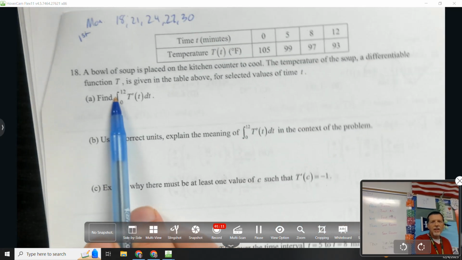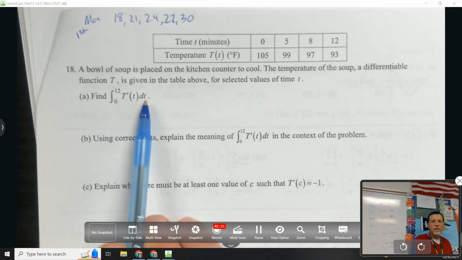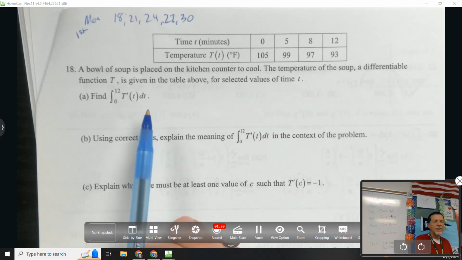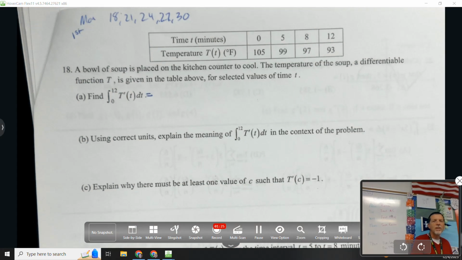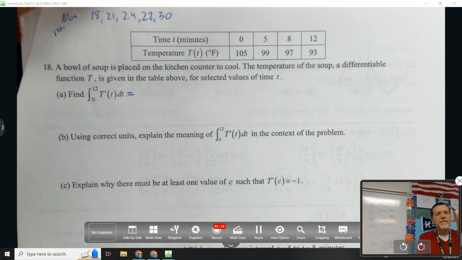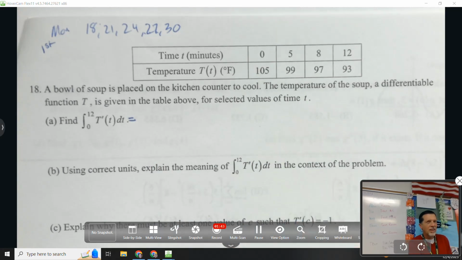Find the antiderivative from 0 to 12 of t prime dt. Okay. This one is supposed to be an easy one, but it's going to get some people. So how do I do this one? I think the tempting thing to do is going to be a Riemann sum, but this is not a Riemann sum question.